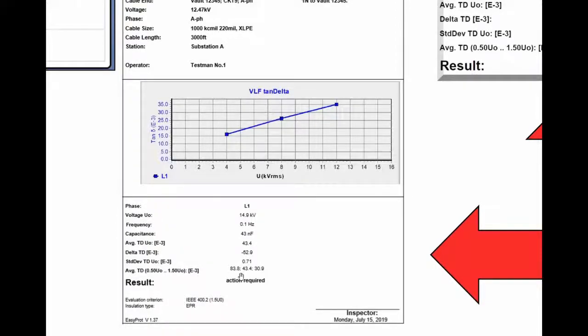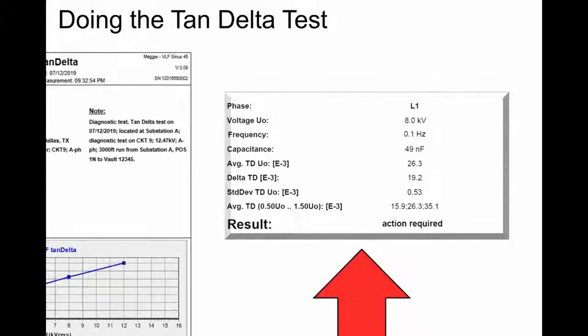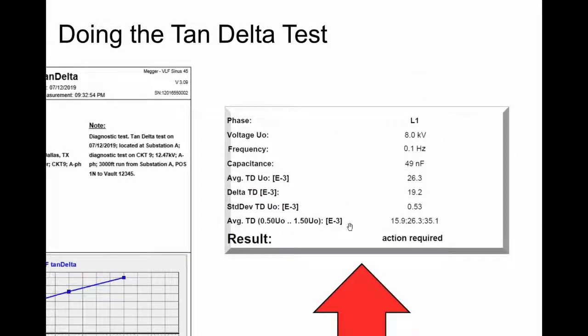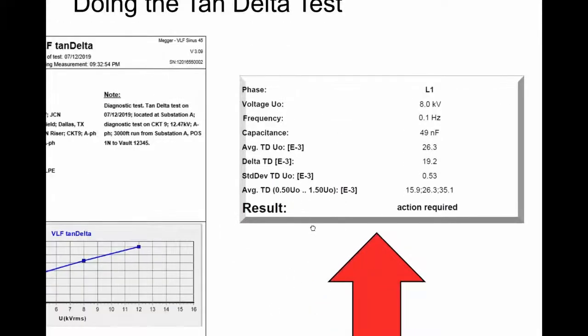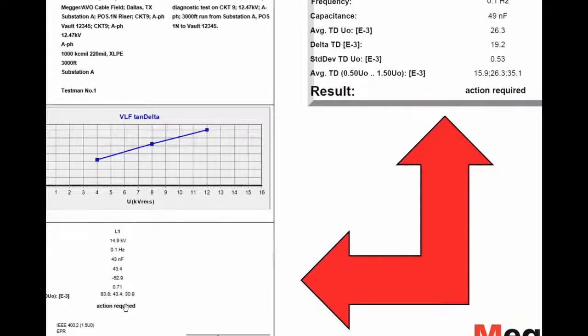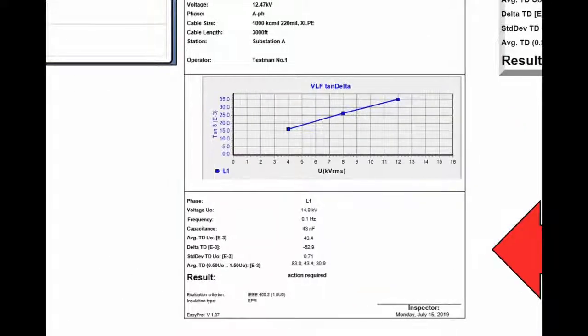Average tan delta result. And here it has all 3 of each phase or of each step. And your result, of course, is action required. And the criteria, it even breaks it down as to what criteria you are going to, and the inspector or user as you like. Here's another look at those same things. So this is the action results as this whole system works.